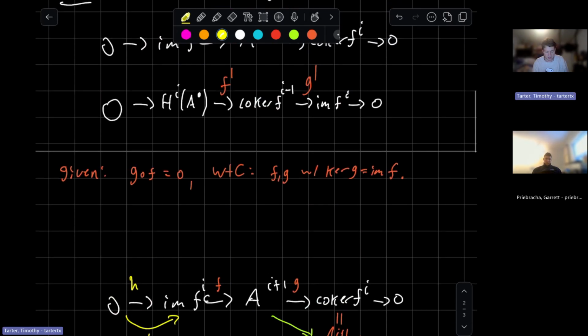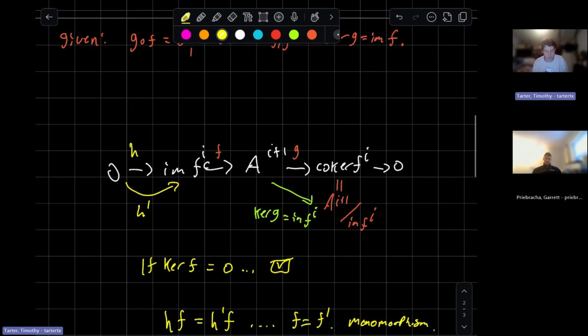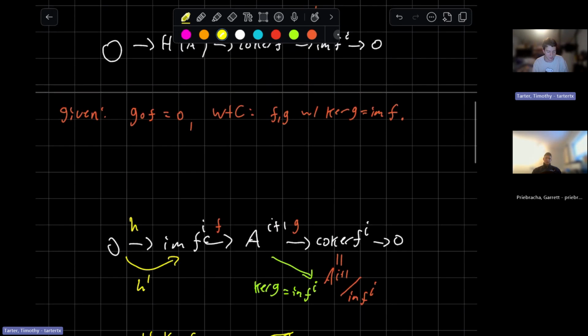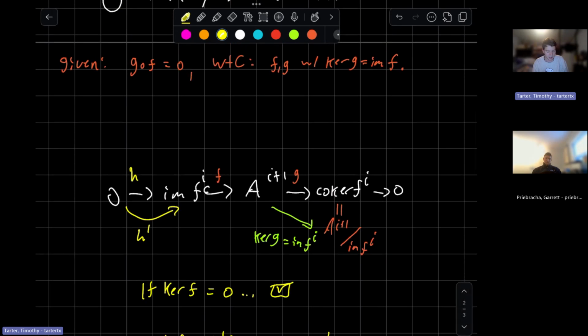So G is exactly the morphism with kernel image of Fi. And then the image of F is exactly the one with the image of Fi, as an inclusion map into AI plus 1.